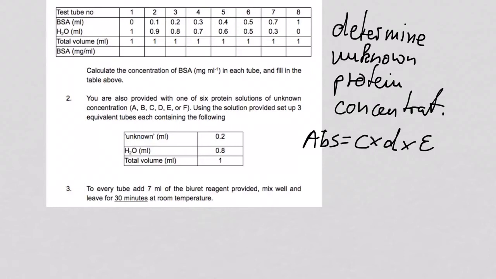But we also discussed what happens if we don't have the extinction coefficient. And we said if we don't have an extinction coefficient, we can sort of wiggle around this problem by using a standard curve.